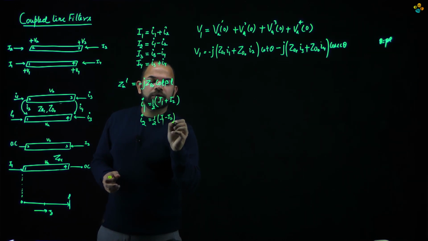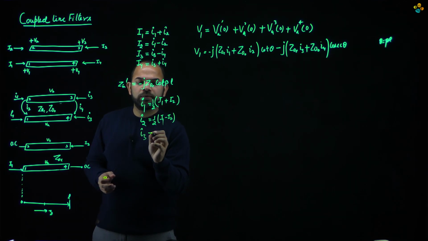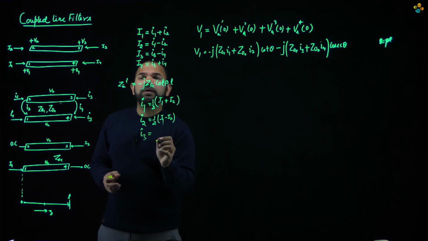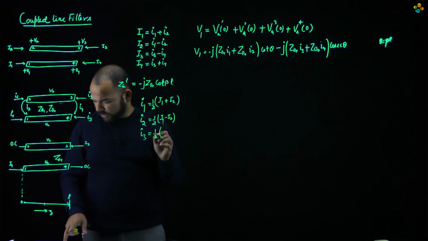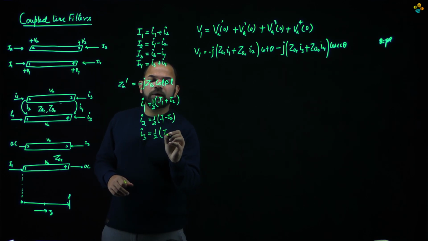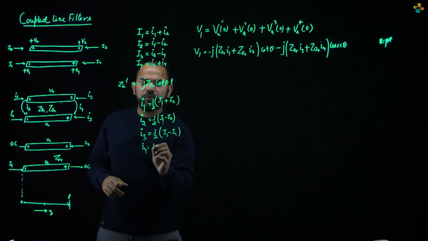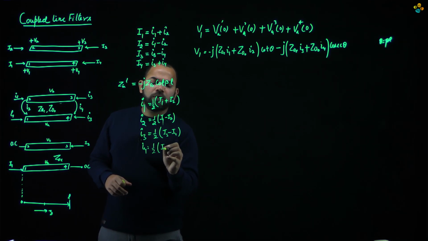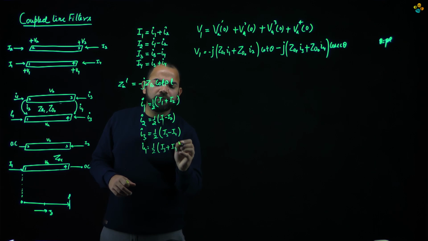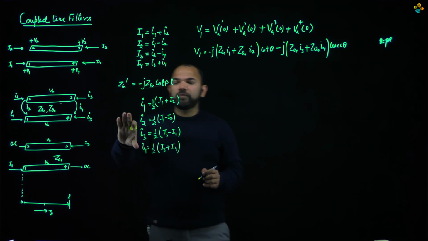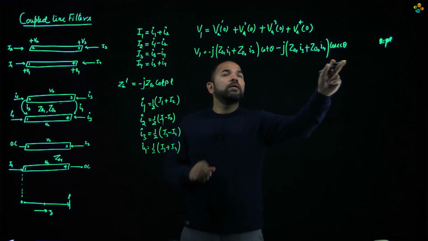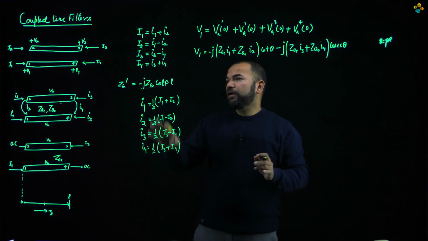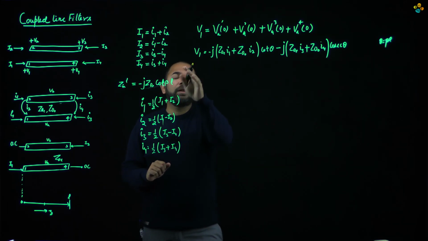Similarly, I3 is going to be 1 by 2 (capital I3 plus I4), and I4 is going to be 1 by 2 (I3 minus I4). If we put these values of small I1, I2 here, we will get the overall expression in terms of capital I1 and capital V1.